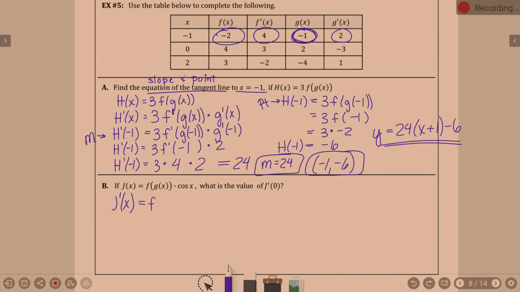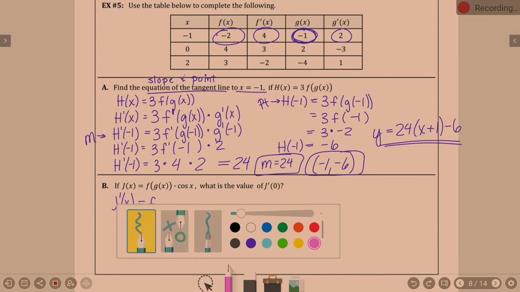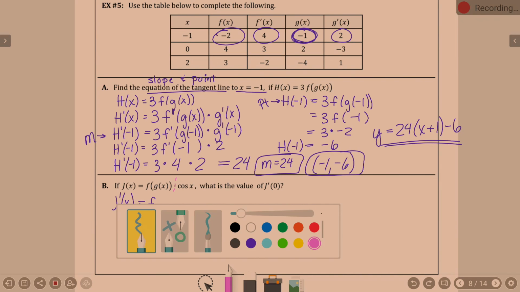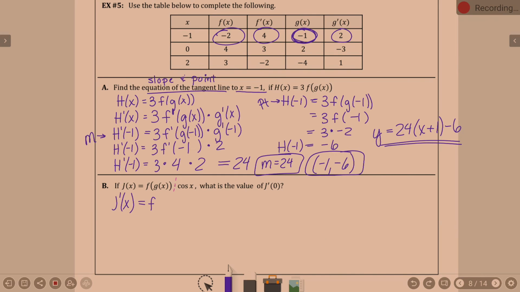Now, I brought up a question: do we do the product rule and then the chain rule is within the product rule, or which one do you do first? Right now the whole thing is a product, so you have to do that one first. The chain rule will happen within the product. It's not that the chain rule is later when we're done. It's when we get to that point and need it.